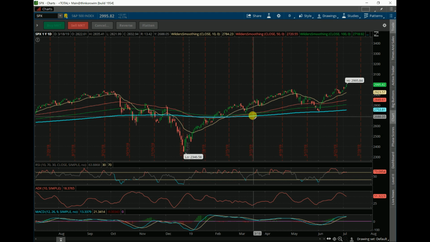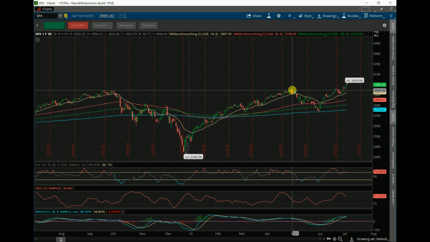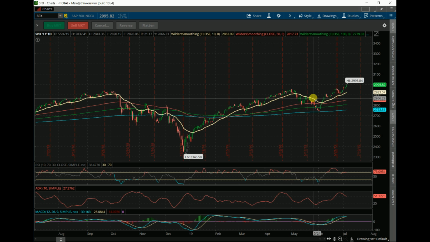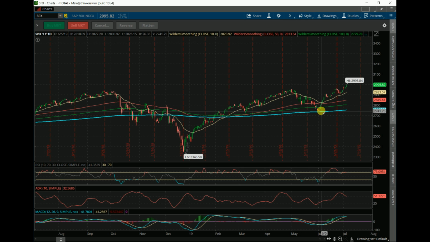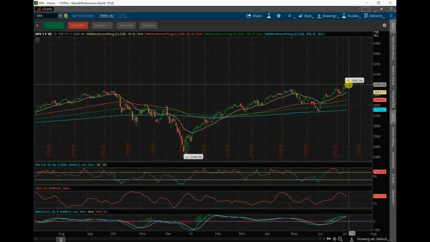And it had a little bit of a dip back in early March, but the rally continued all the way up until May 1st or April 30th, right at the end of the quarter there. Or not the end of the quarter, that would have been March. But anyway, the price dropped back down and found support at the 200-day moving average, and then it climbed back up from there.